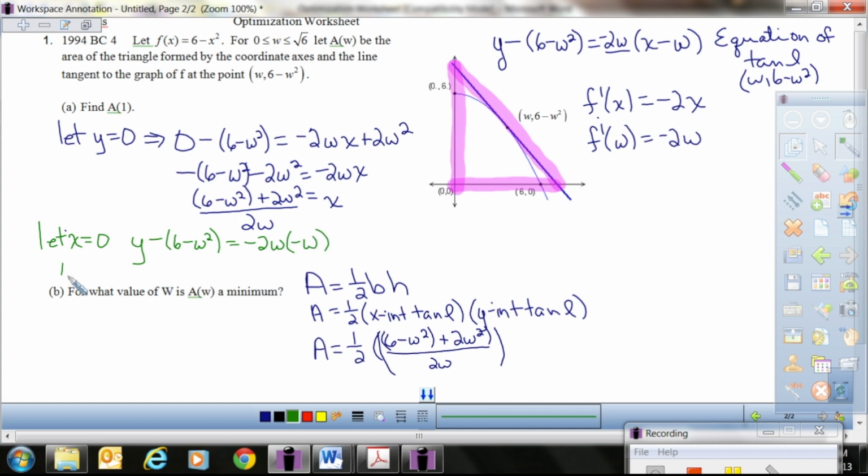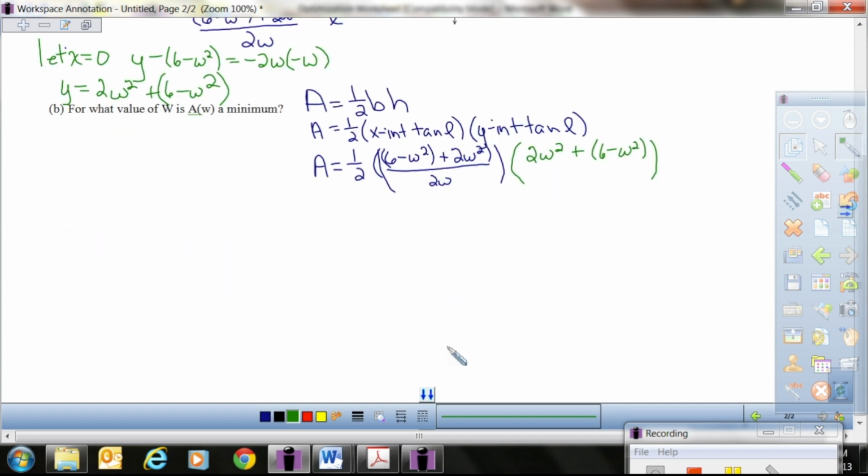So now y equals, negative times a negative, 2w squared plus 6 minus w squared. We're going to put that right there. I don't know if you know now why I chose to use this craziness, but it's going to clean up very nicely. So now let's put this together.